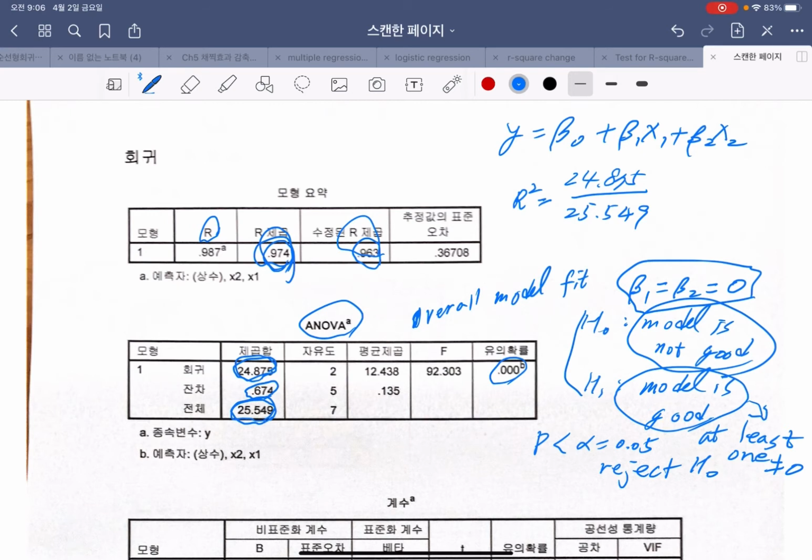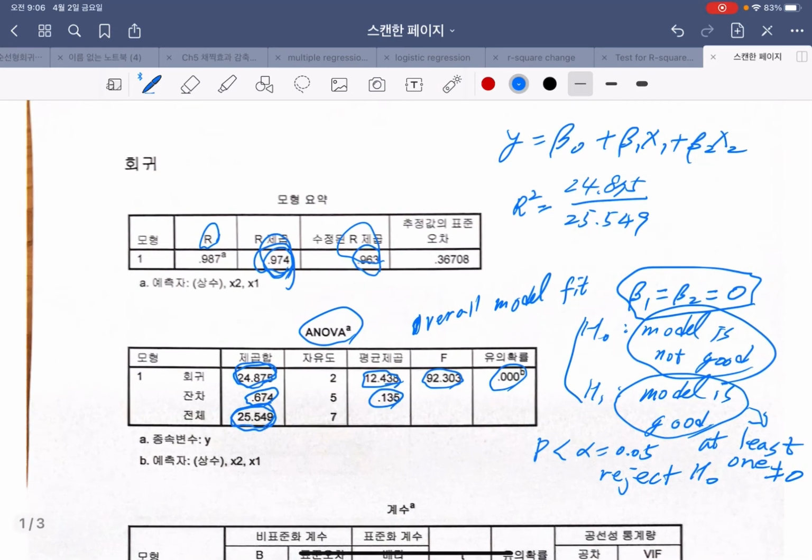Now, how do we get the p-value here? This F statistic is the test statistic. It comes from this one divided by this. This one is explained variance, and this one is unexplained variance.